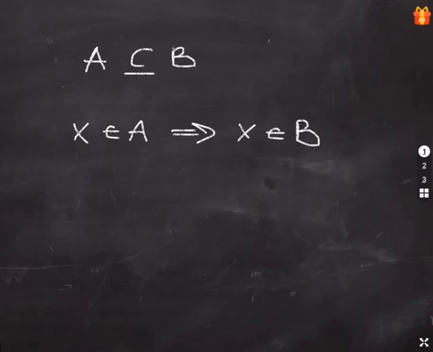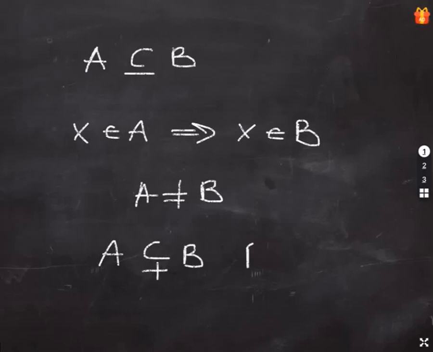Now, if you consider the particular case in which A and B are different, then we're talking about proper subsets, and we denote it like this. In this case, we would say that A is a proper subset of B.